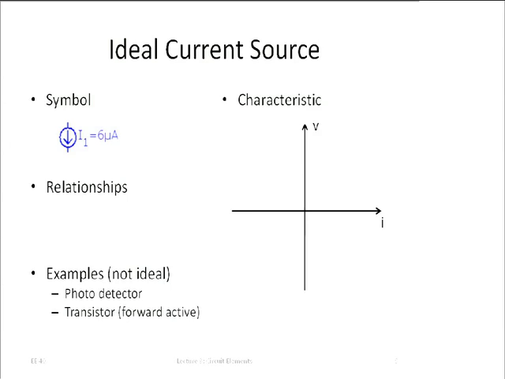But there are 2 reasons why current sources make sense, ideal ones, anyways. One of them is that many devices actually behave like current sources. For example, transistors, the most prevalent circuit component in the world, right? Billions on one chip. Actually, transistors, when they are operated in certain ways, behave like current sources. There are many other cases. And the other thing is that very often for many things, we actually need current sources to realize them.